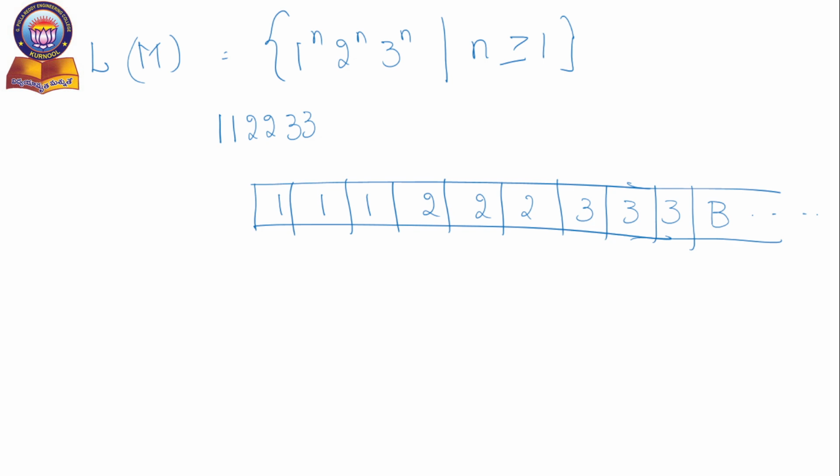After reading the 1, we will convert it into X and move towards the right. By reading the 2, we will change it to Y, and we will move towards the right to read the 3. After 3 is processed, it will be changed to Z. Then we will go to the left over the 2s, over the Ys, and over the 1s until X is encountered.